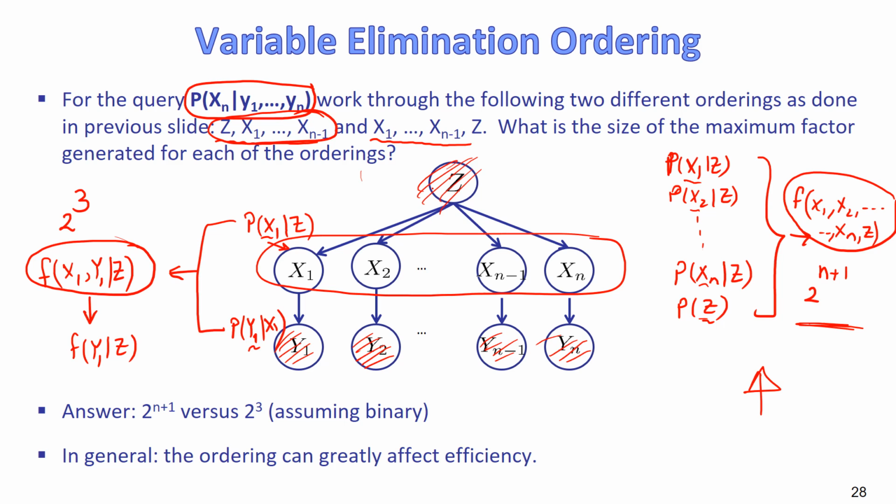It matters not in terms of the value that we will get at the end. We'll get the same value, but it matters in terms of efficiency. One order might give me a big factor, which means that the process will be very expensive, and the other might give us smaller factors, so the process will be more efficient. And we don't even need large space in memory to keep large tables.